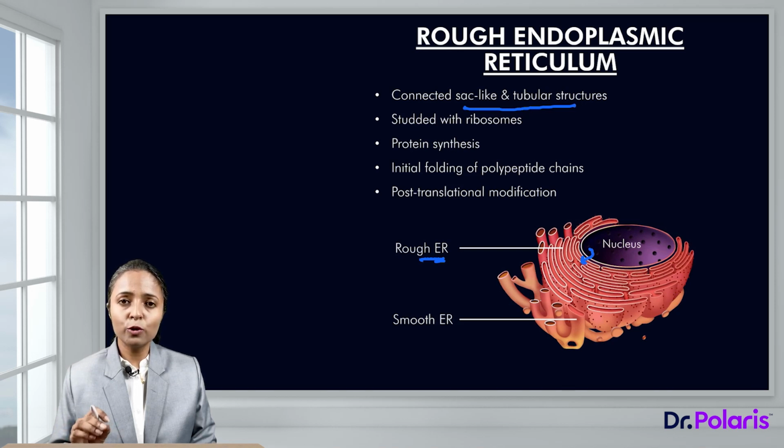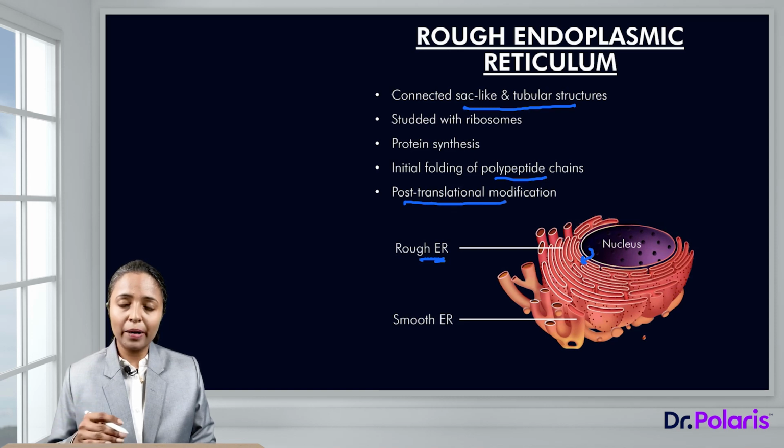Now once the ribosome synthesizes the proteins, they move into the endoplasmic reticulum, and the initial folding of the protein chain occurs in the rough endoplasmic reticulum. So there is folding of the polypeptide chains, plus there is some modification of the proteins also going on, what is known as post-translational modification, right?